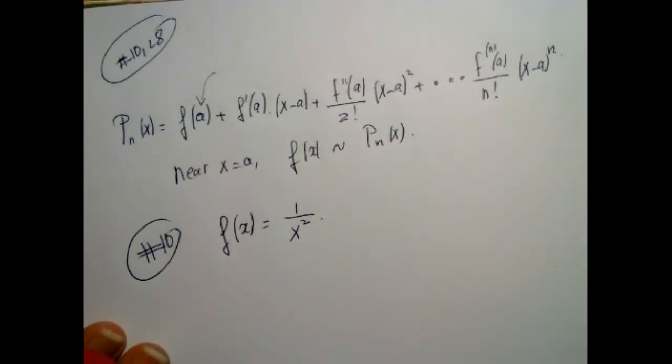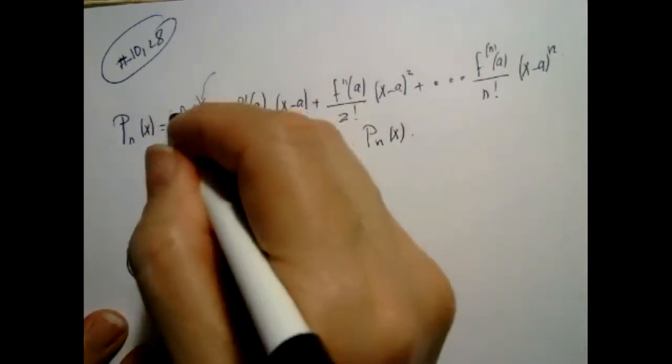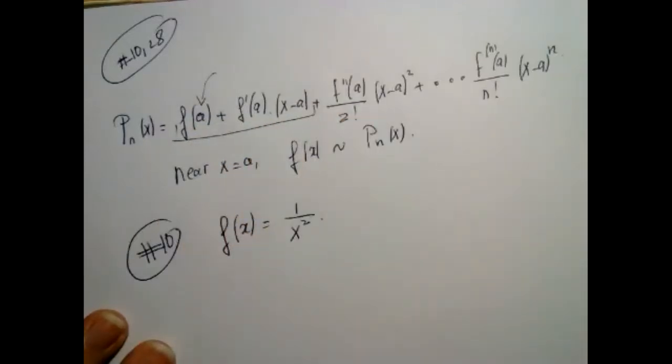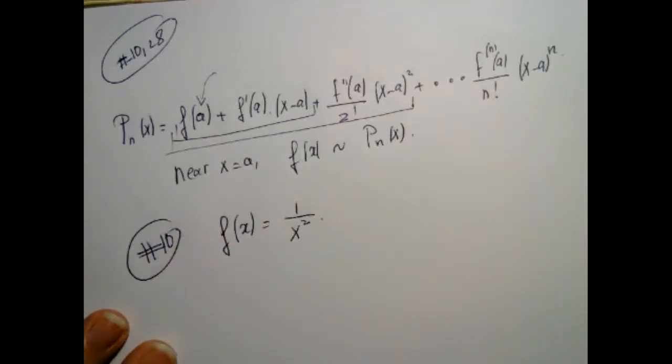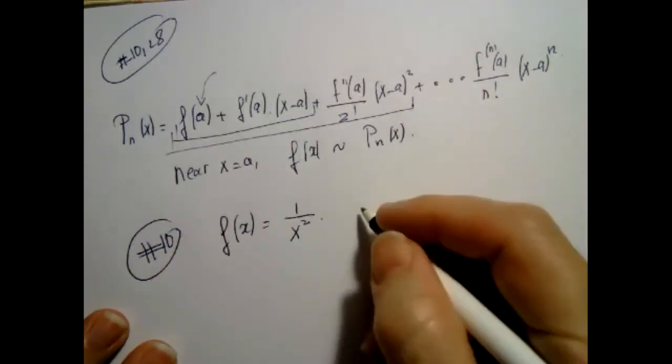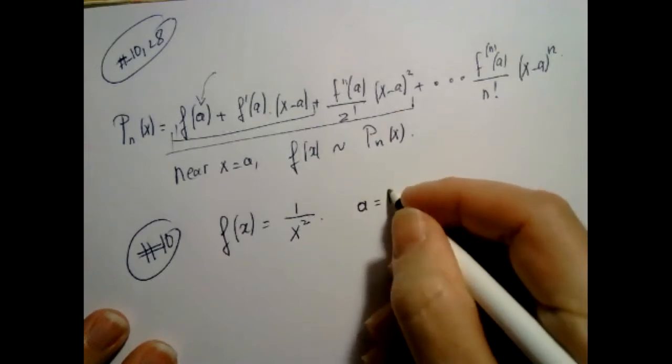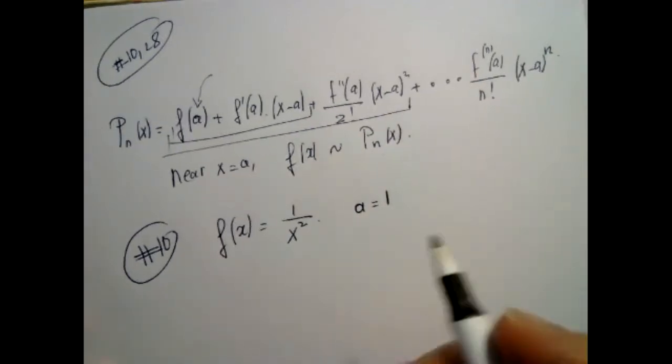The question is: find the linear approximation at the given point, find the quadratic approximation at the given point, and then use the approximation to estimate 1 over 1.05 squared. Linear means basically find the tangent line and use the tangent line to approximate. Then they want us to find the quadratic, which means up to degree 2. We want to find the approximation near a equal to 1. All right, so we'll do that easily.